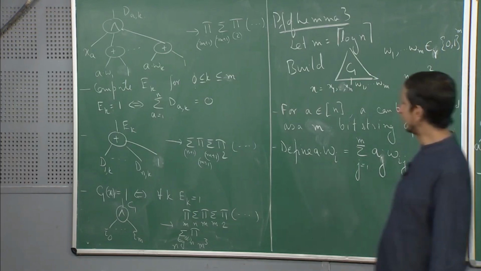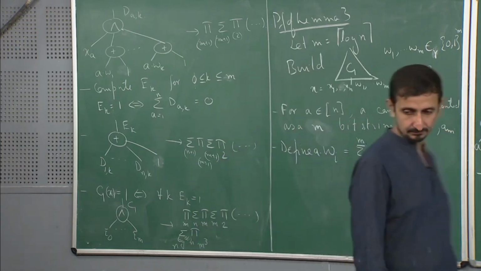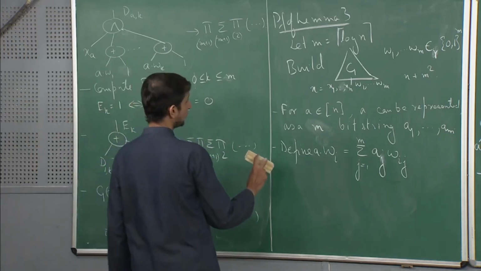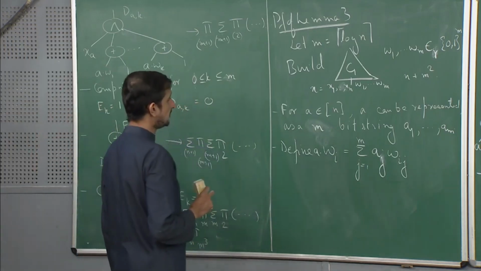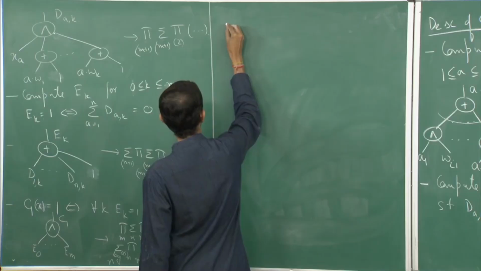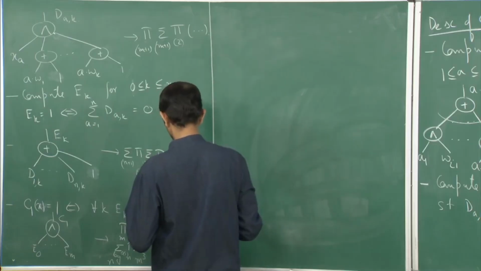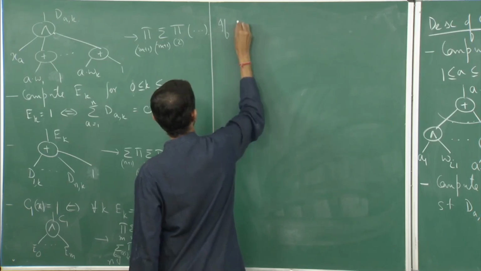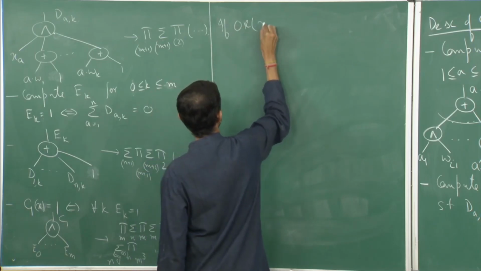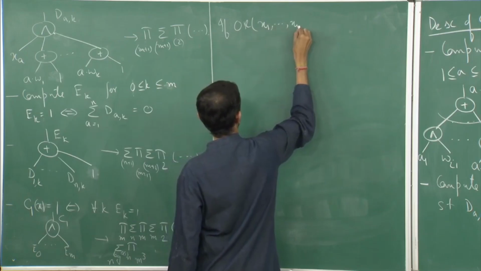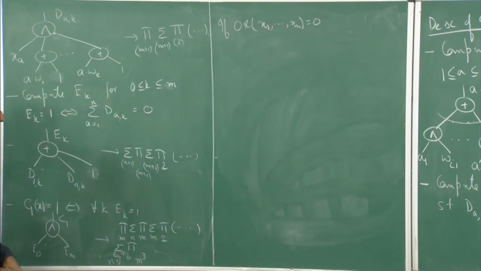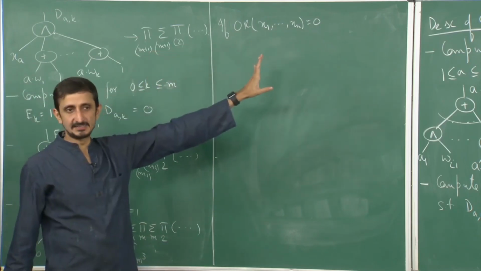So, let's see what this thing gives us. Why is this giving what we want? If OR of x1 through xn equals 0, then we know that all the xi's are 0.